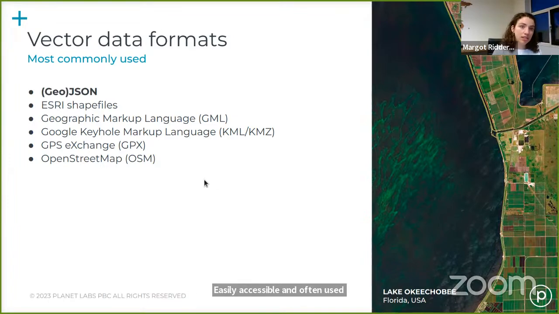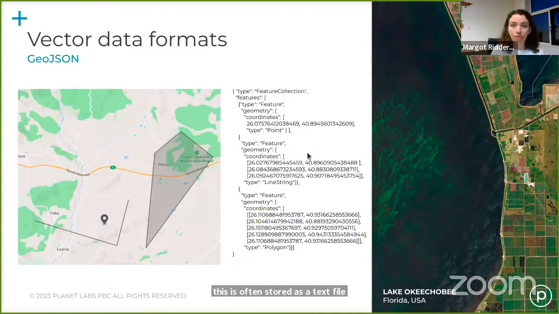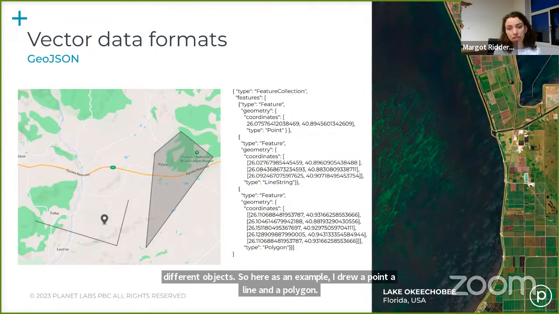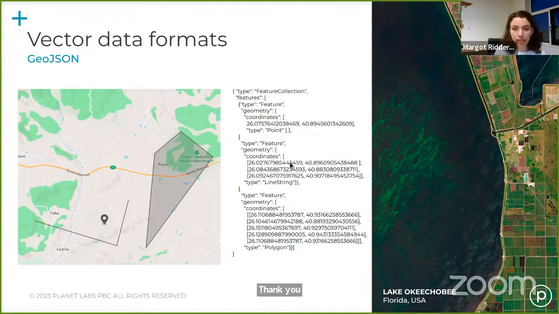GeoJSON is often stored as a text file in a JSON type format, and it simply consists of the different objects in your image. Here, as an example, I drew a point, a line, and a polygon. In a GeoJSON, these are called features. So we see all the features here.